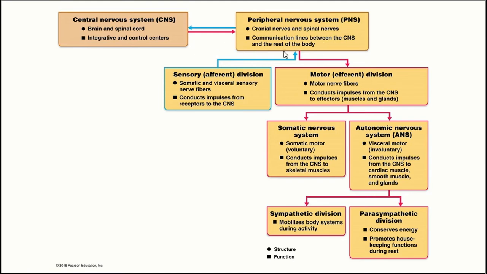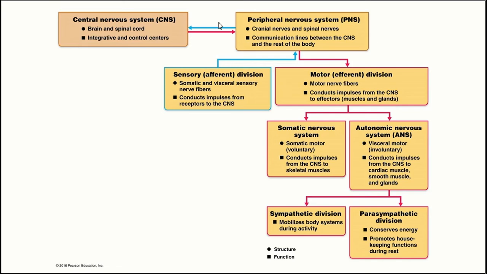The peripheral nervous system functions in a sensory pathway, that is, it's sending sensory information to the central nervous system and carrying motor information away from the central nervous system.